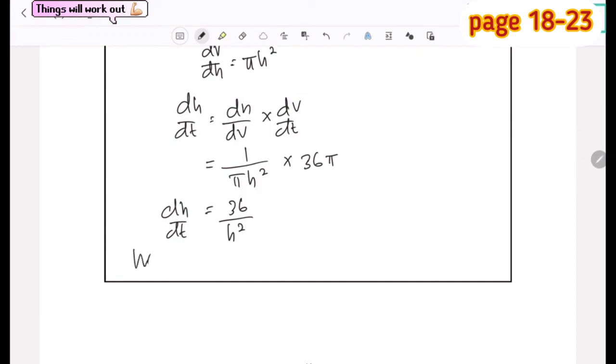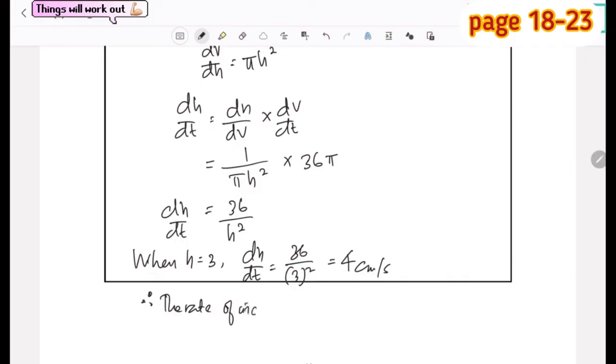When h equals 3, dh/dt is 36 over 3 squared, that is in cm per second. So hence, the rate of increase of water depth is 4 cm per second.